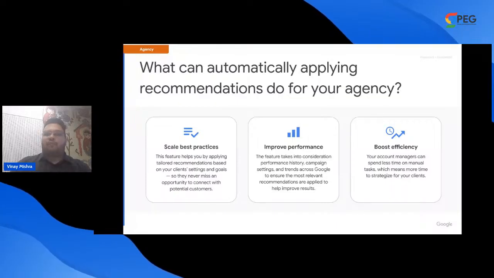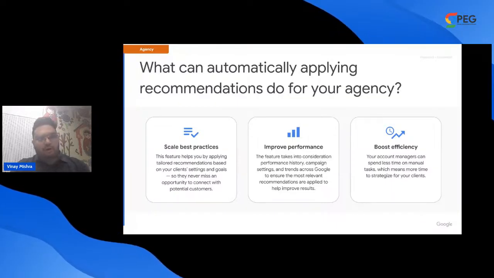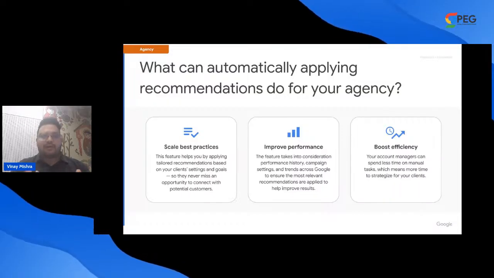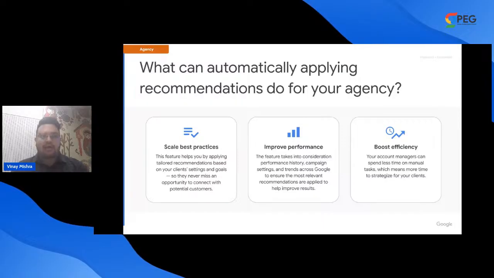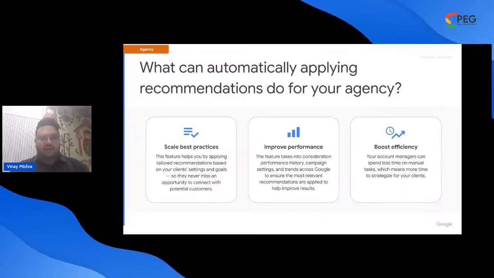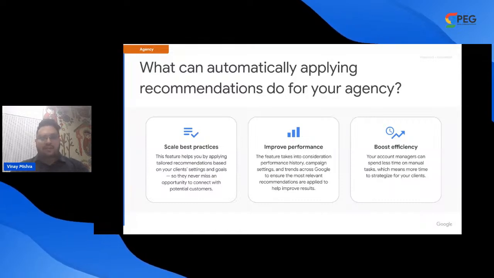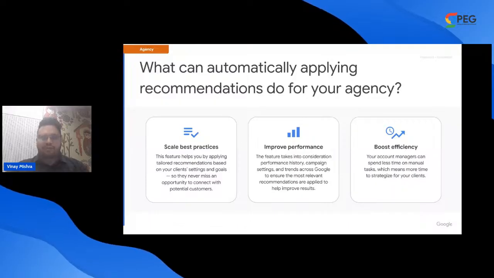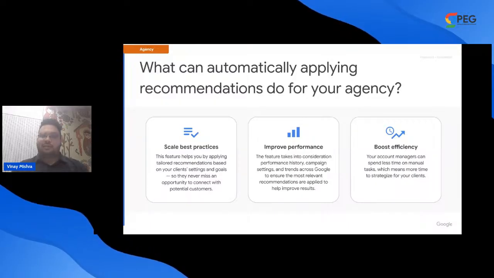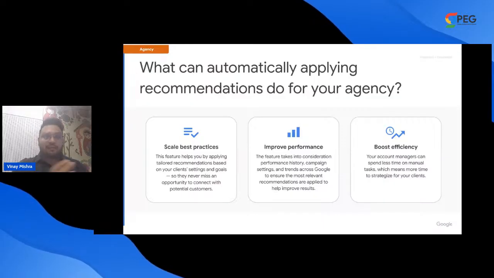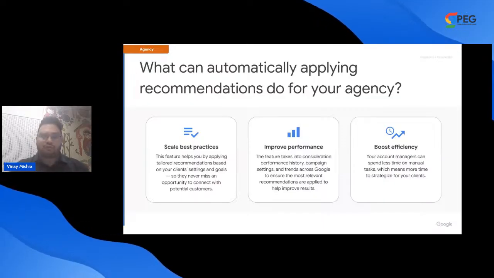And as I've gone by, I told you how following the best practices consumes a lot of time and energy in terms of understanding if the campaign has been set up right, if the creatives are in the best place, if your text in the headlines and descriptions and your images are aligned, and your bidding and budget are aligned in the same particular way, and at the same time targeting as well, which becomes crucial.